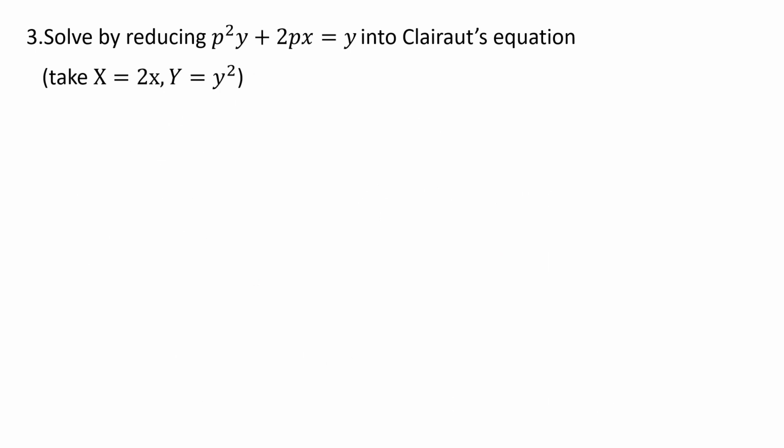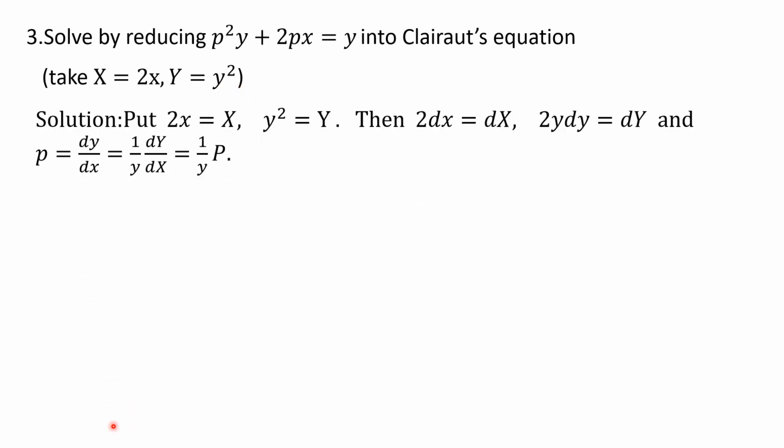The third problem, just observe, the equation is given, we have to reduce it into Clairaut's equation, then we need to solve. But the substitution is given already, but it is not the same as the previous. So here X equal to 2x, Y equal to y square. Same way, try to extract p, that means dy by dx.